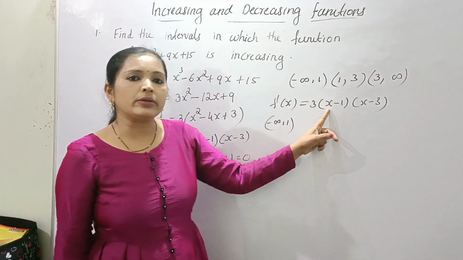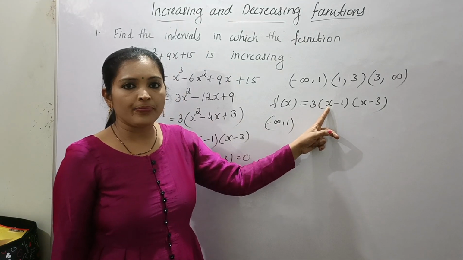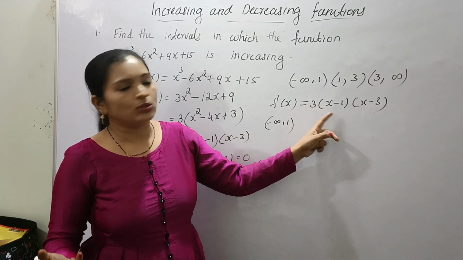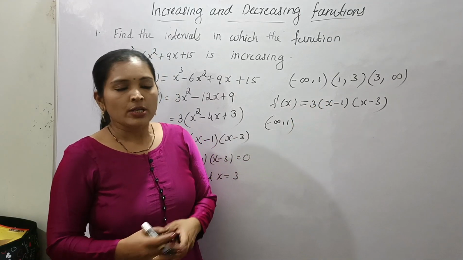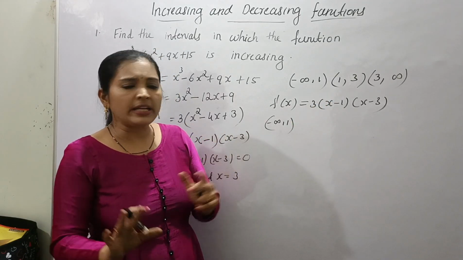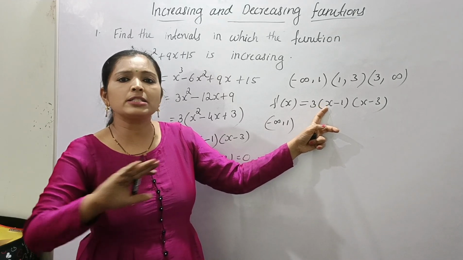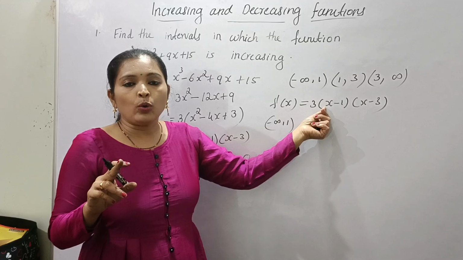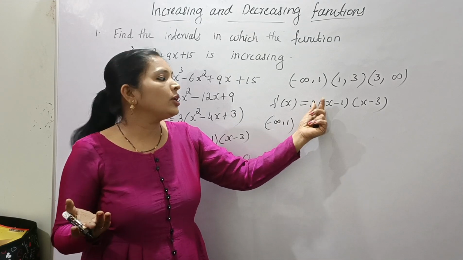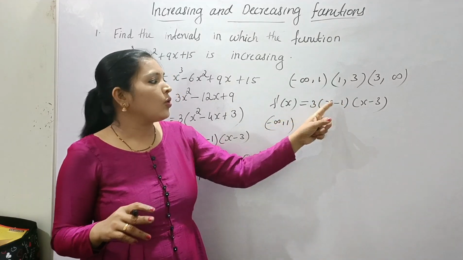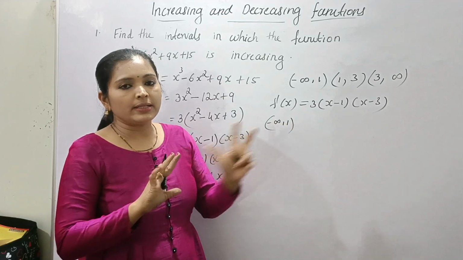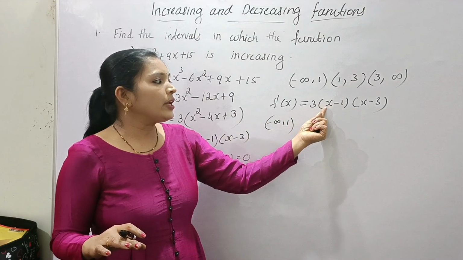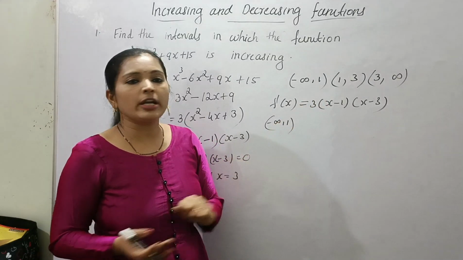If you substitute negative values in x, what will we get? Suppose x is equal to minus 5: minus 5 minus 1 is minus 6. So if you substitute any negative value in x, you will get minus. Suppose x is equal to minus 20, you will get minus 21.